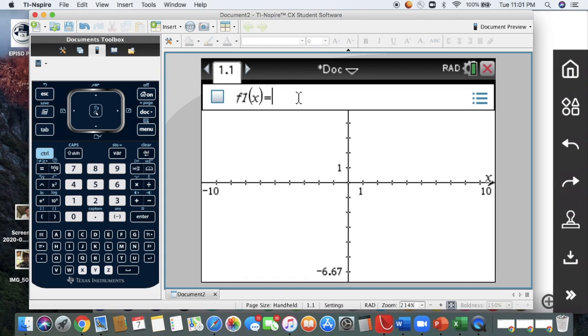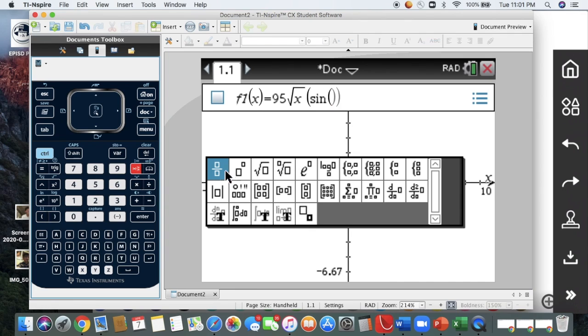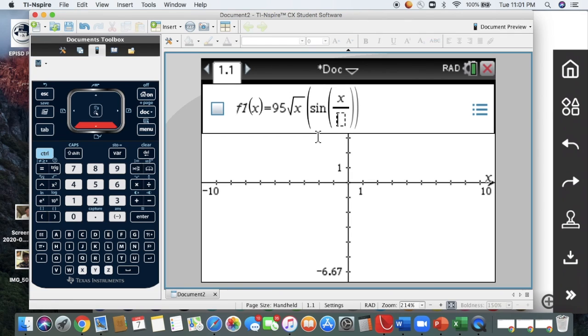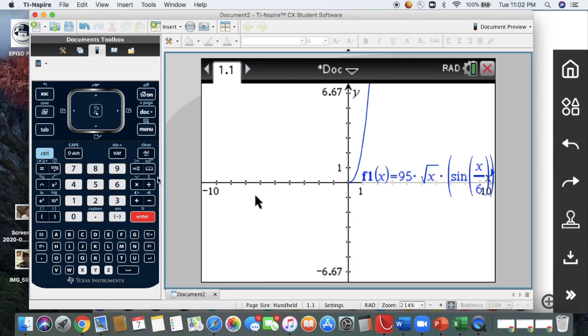And so the W of t will be 95 square root of x, because right here it's f of x, so we'll keep it x, but it's going to be the same thing. Sine of x over 6 squared. So this will be our first function.